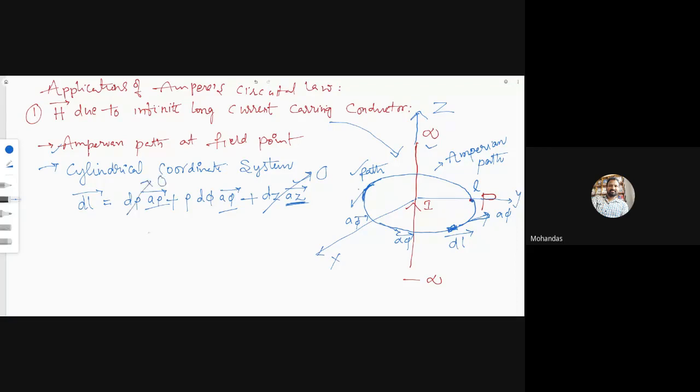So what remains here is dl equal to rho d phi a phi. So we got the differential length dl. This is the second point. Let us say this is equation number 1. What is the third point here?